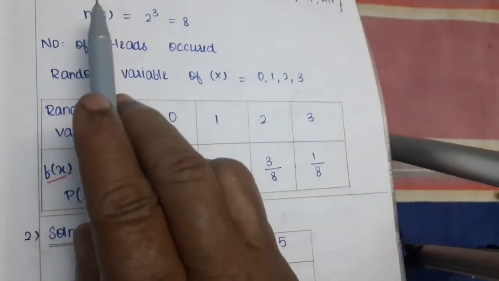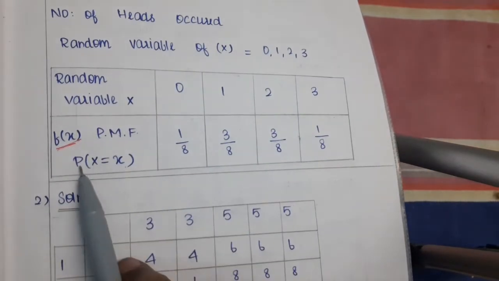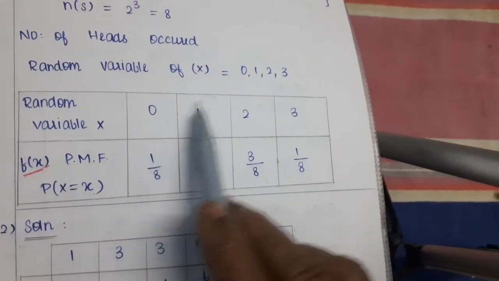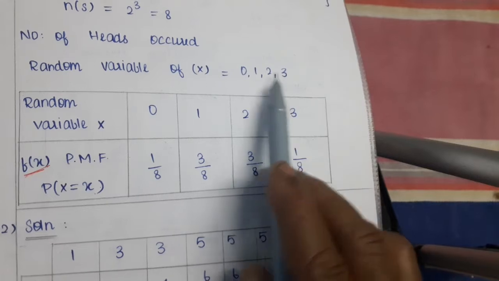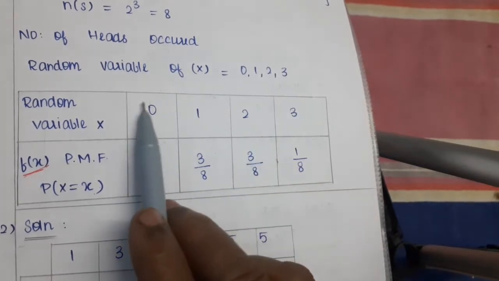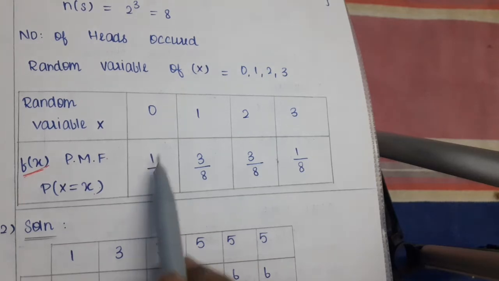Listen again. For the probability mass function, the formula is probability of capital X equal to x. The random variable takes 0, 1, 2, 3 heads. Number of chances for 0 head is 1 by 8, because n of S is 8.